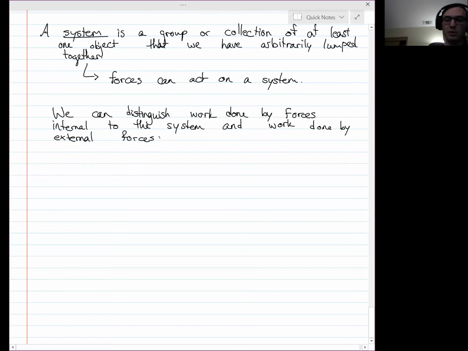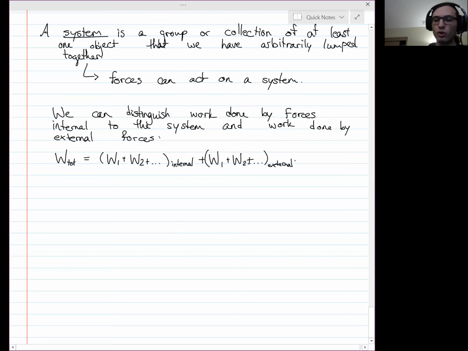What I mean by that is that we can write the total work done on a system as W1 plus W2 plus ..., and these are all works due to internal forces. Remember, we can always break up the work done into multiple works done by different forces. Plus W1 plus W2 plus ..., external.